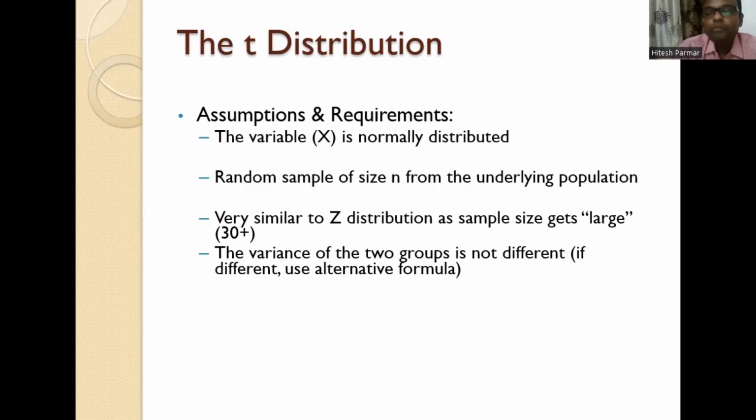But what do we mean by equality of variance? Variances are equal and variances are not equal. What do we mean by this? Let us try to understand. Variance means variability in the data. For example, we are comparing two age groups.